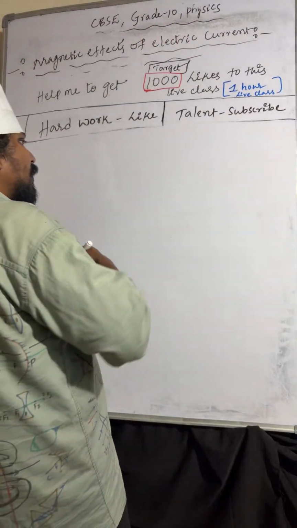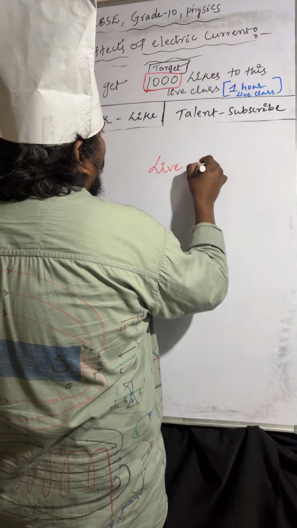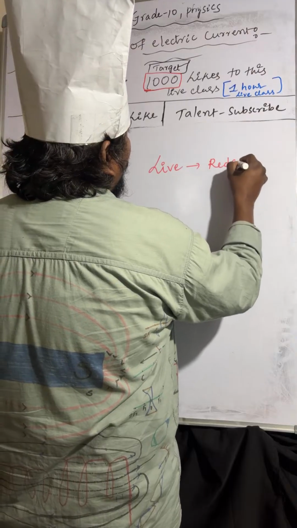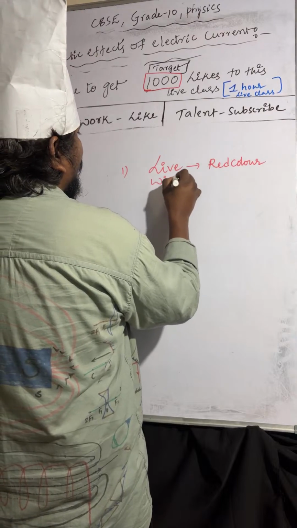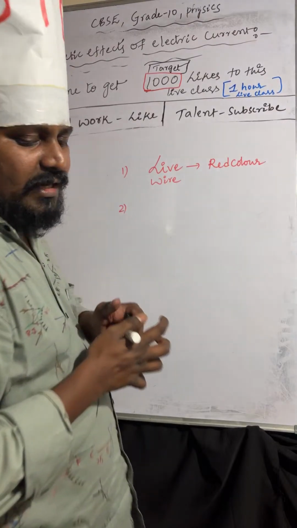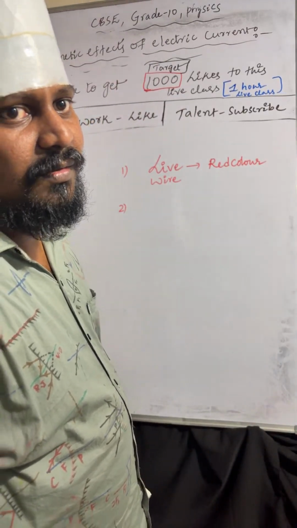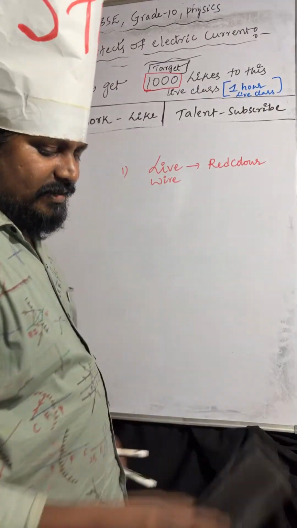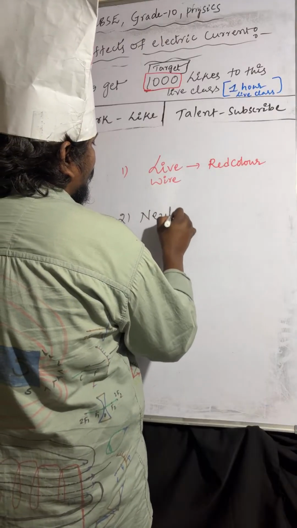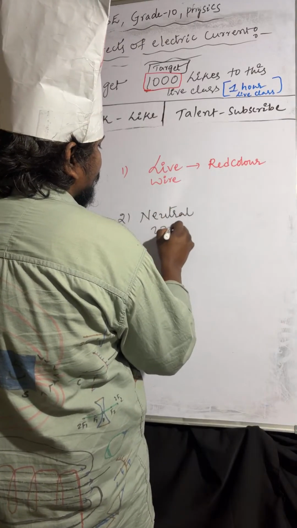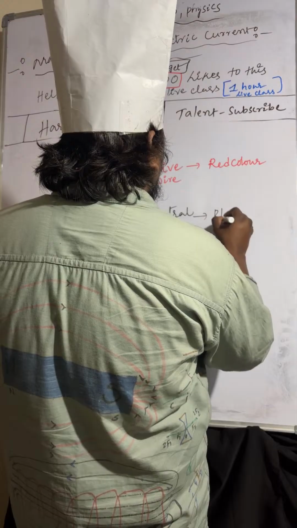So the live wire is red color. Second one is the neutral wire. The neutral wire is black color.